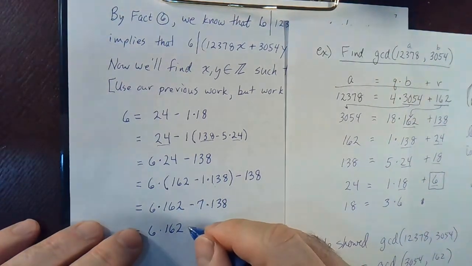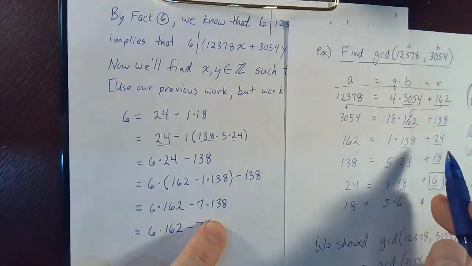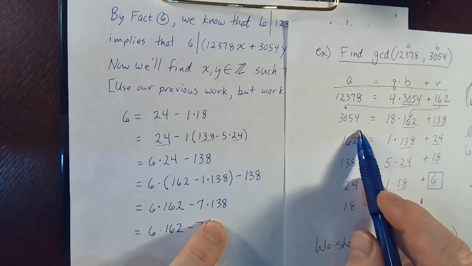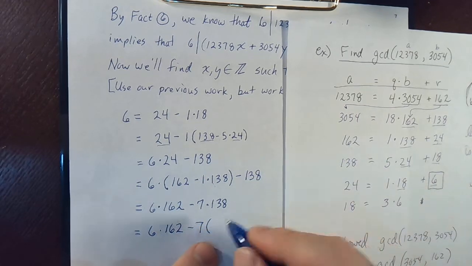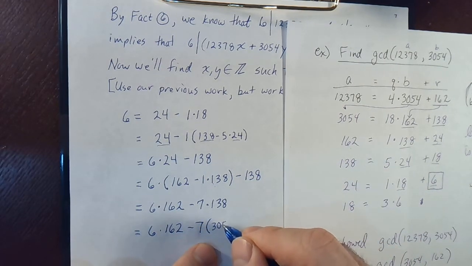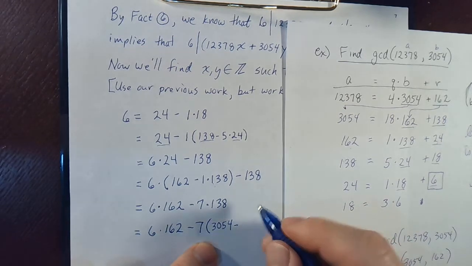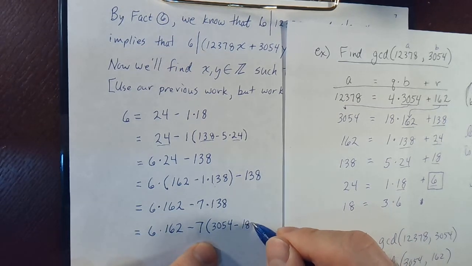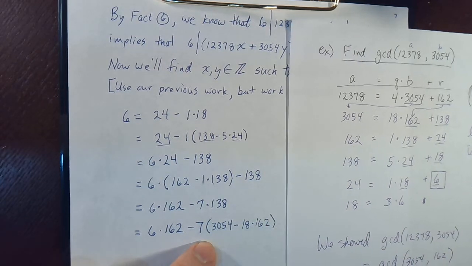And then I'm going to replace the 138 with 3054 minus 18 times 162.